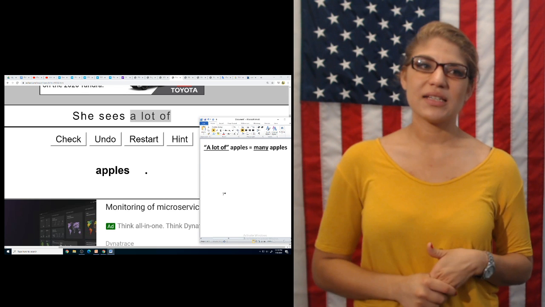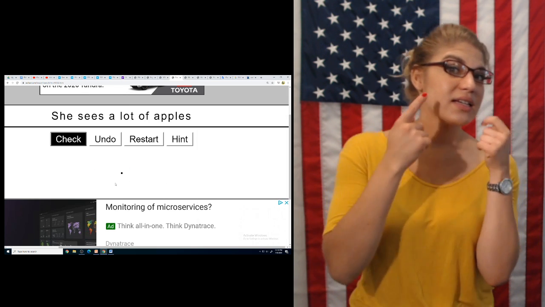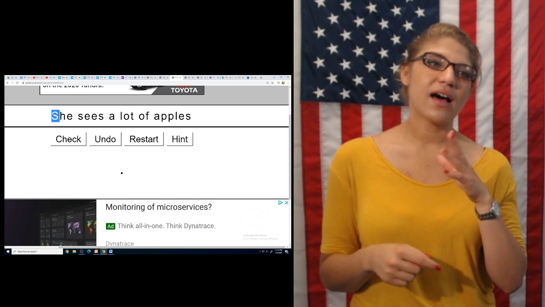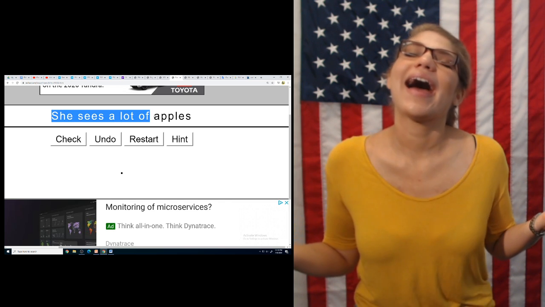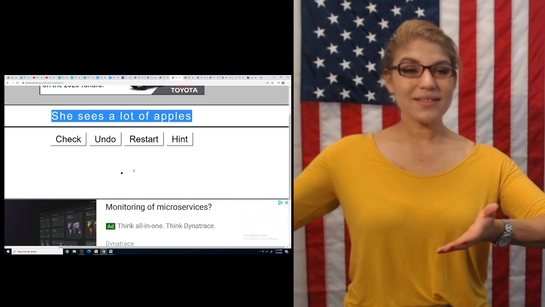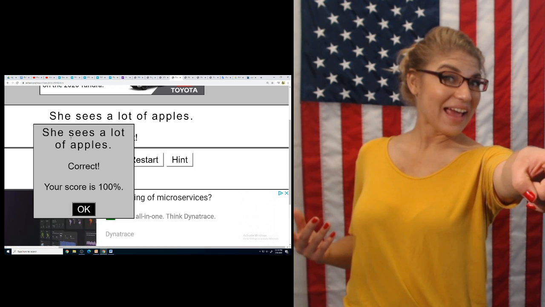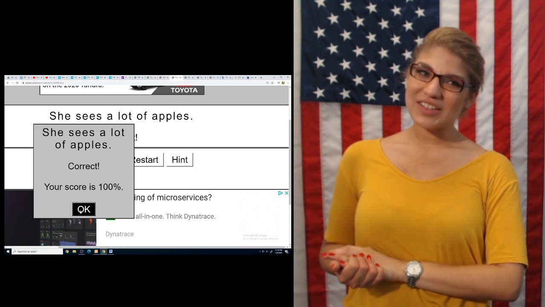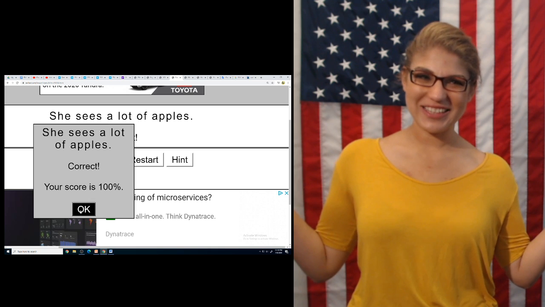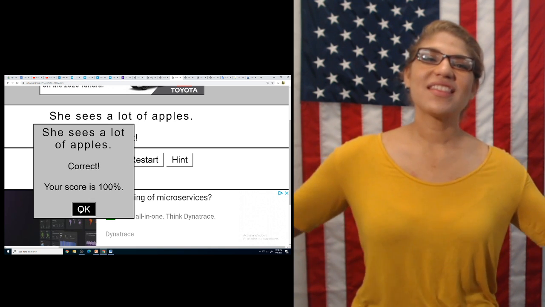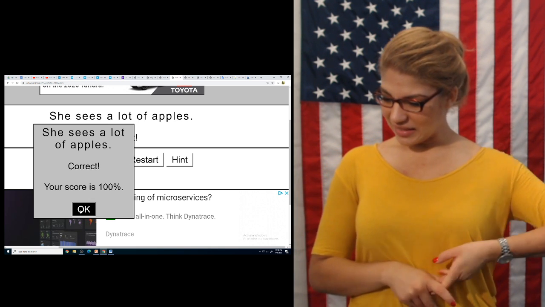In this sentence, we have she sees a lot of what? Apples. She sees a lot of apples. Let's put the period on and let's check. Look at that, 100%.